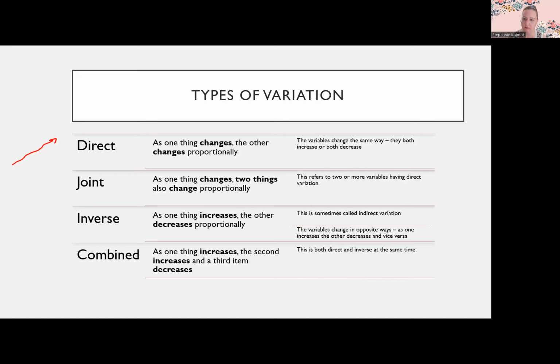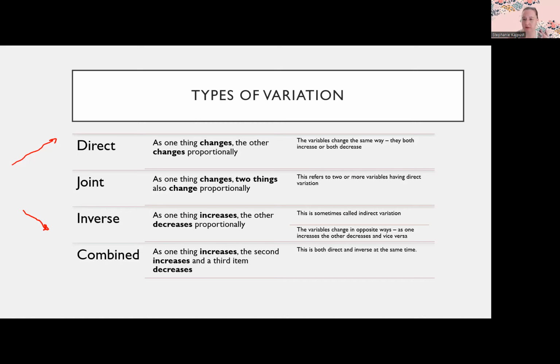Inverse variation, which is sometimes called indirect, is when they're going in the opposite direction. As one increases, the other actually decreases. Again, lines can be inverse, where it looks like it's going down: as your x increases, your y is decreasing. So lines can be either direct or inverse.